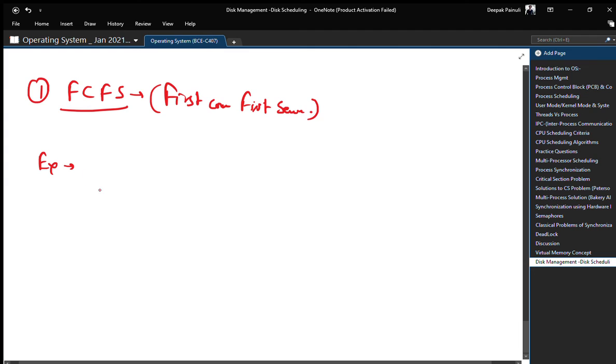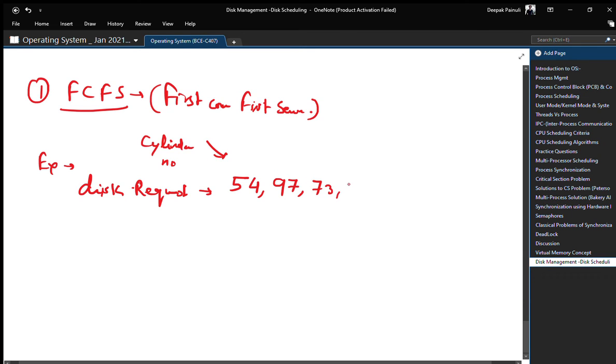We have disk requests for the following cylinders in this order. The first request is for cylinder number 54, then the second request is for cylinder number 73, next for 128, next for 15, next for 14, next for 110, next for 34, next for 45, like that.